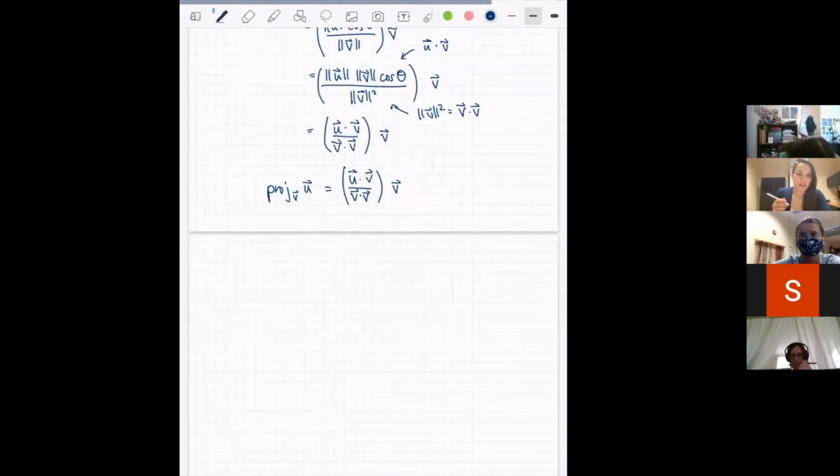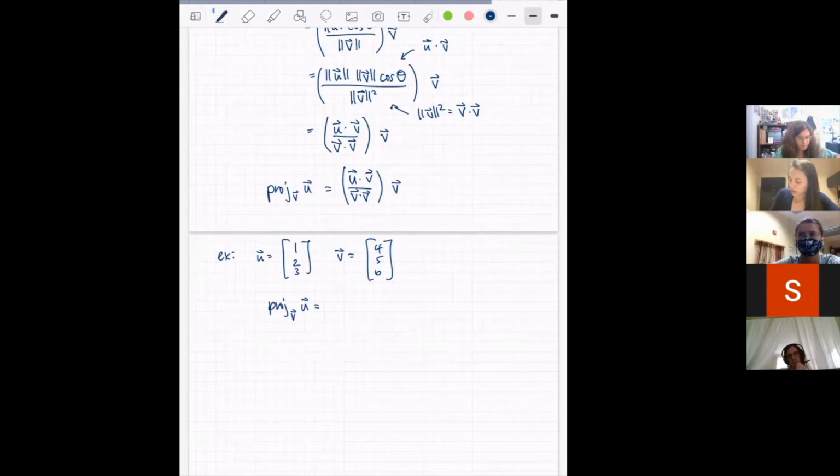And then maybe we should do just a quick example. So if we had U equals 1, 2, 3, and V equals 4, 5, 6, let's say, then the projection of U onto V, we just find it using the formula, right? So U dot V, we multiply the entries.